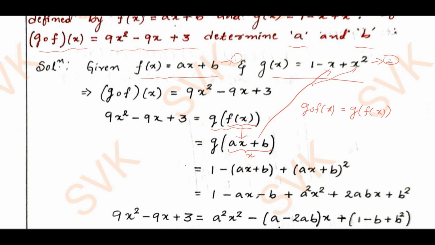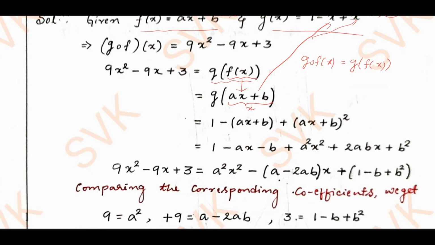To simplify further, first I write down the coefficient of the x square term. Then I collect the terms containing x. These two terms contain x, and I take out minus common, since I have a minus here.